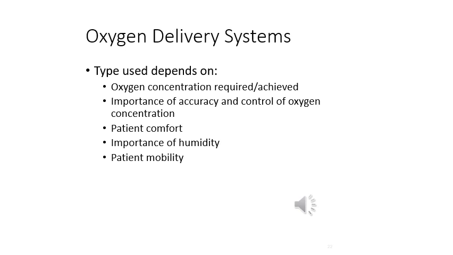And then are we decreasing their mobility because of the oxygen, and what can we do to help with continually offering them something that keeps them more mobile, whether it's an extension on their oxygen tubing, whether we get a portable oxygen tank for them. But these are things that we need to look at when we're doing oxygen delivery.